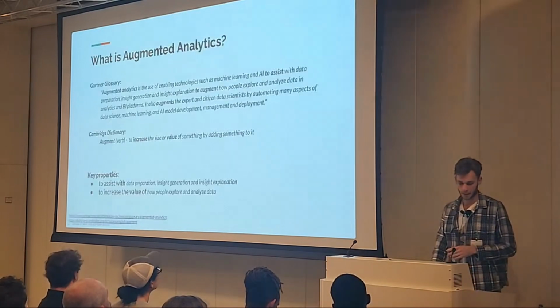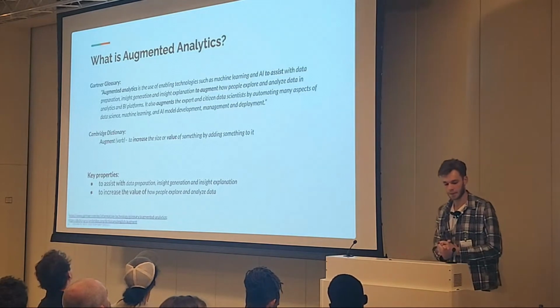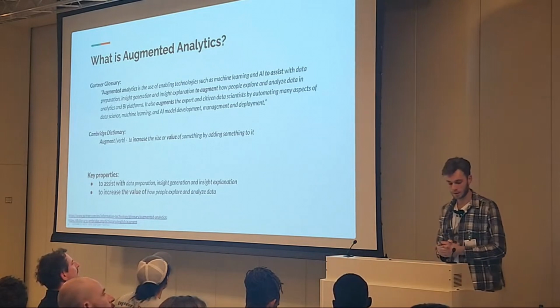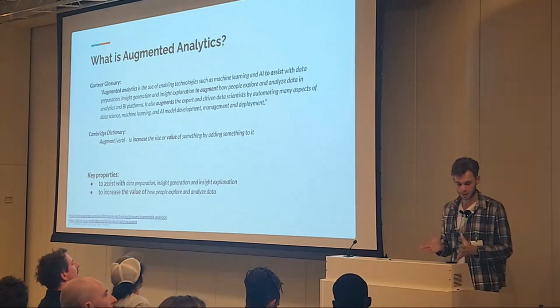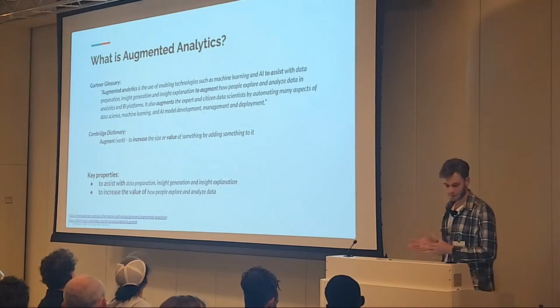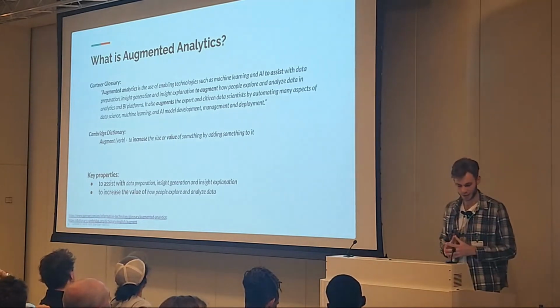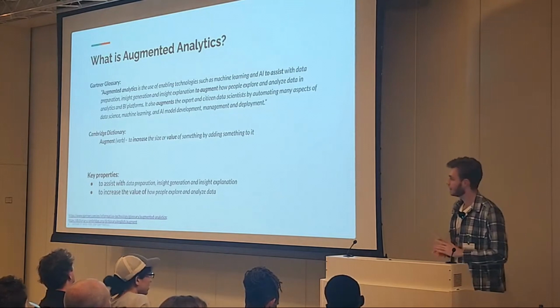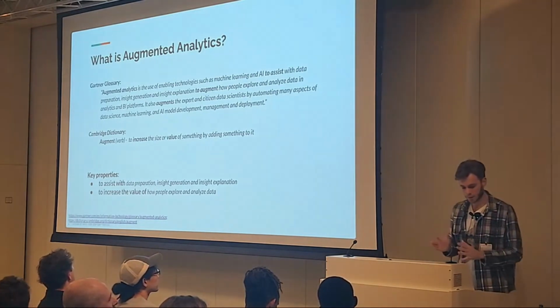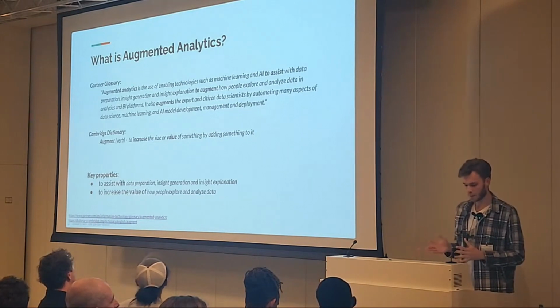So let's start. My talk is connected with augmented analytics. So what is actually augmented analytics? I tried to understand it through the Gartner glossary and the Cambridge dictionary. At Gartner, augmented analytics was defined as the use of enabling technologies to augment how people explore and analyze data.